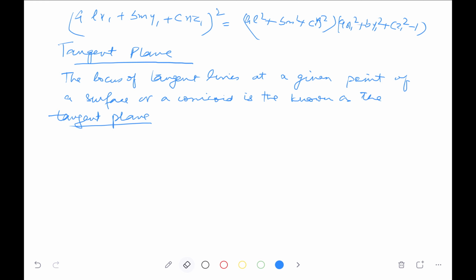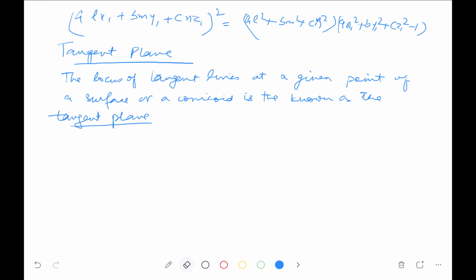Suppose you have a ball on a page. So the page is the tangent plane and the ball is the surface. You can take an ellipsoid or hyperboloid. The tangent plane is a plane touching the surface, and that is the locus of tangent lines passing through a point.